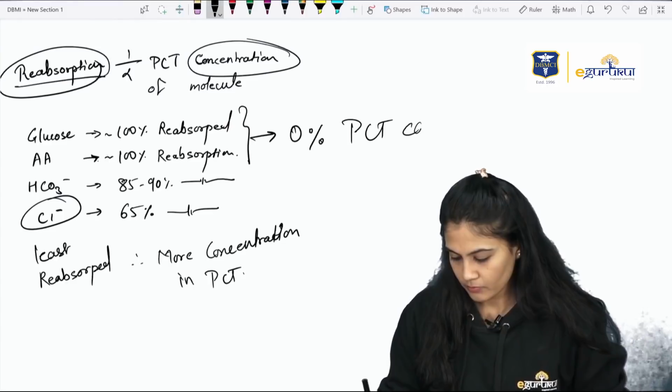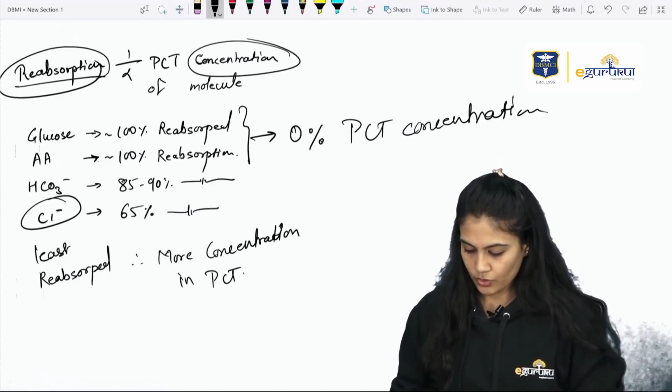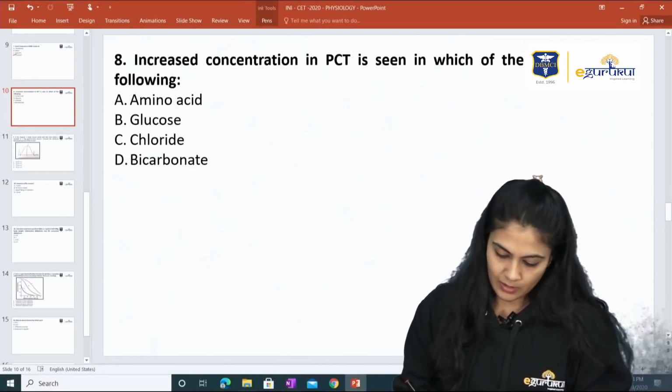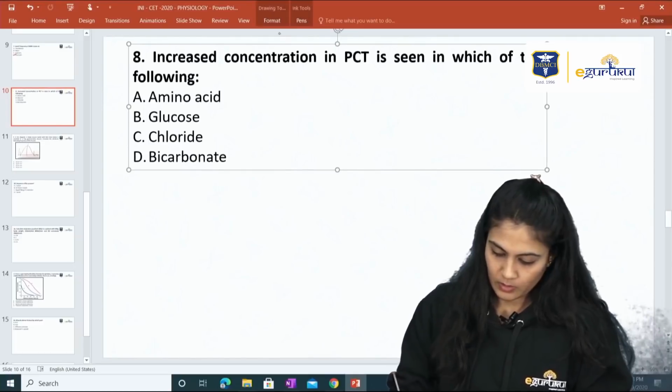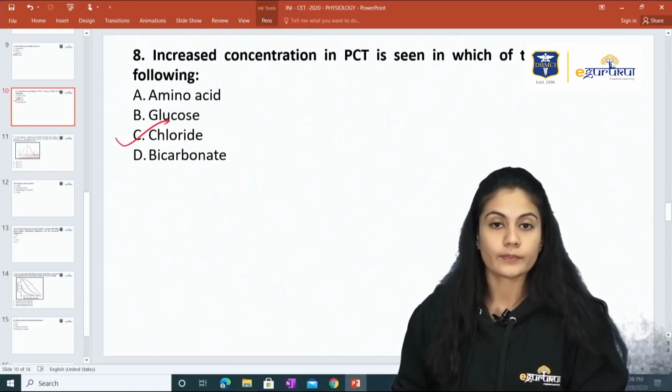So the answer of this question is option C, chloride.